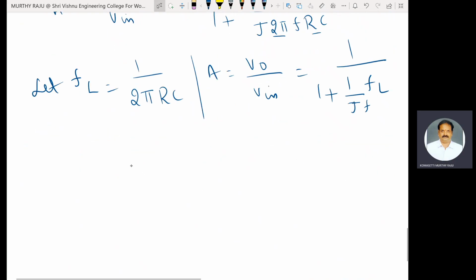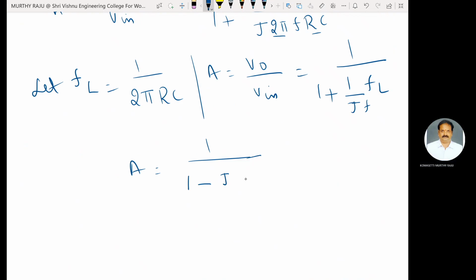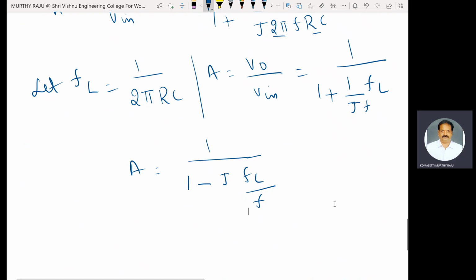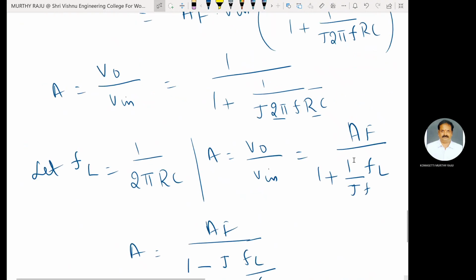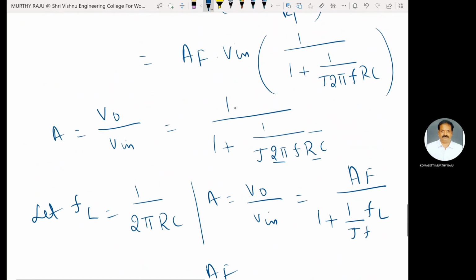Therefore A is equal to 1 by 1 minus j into FL by F. The AF term is also present.